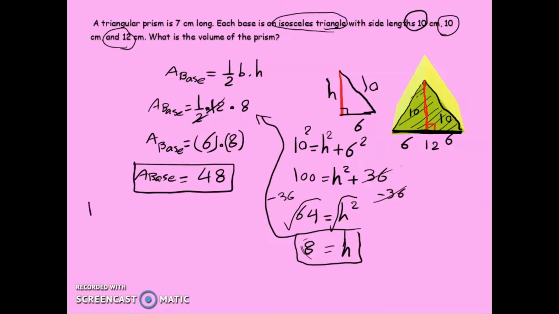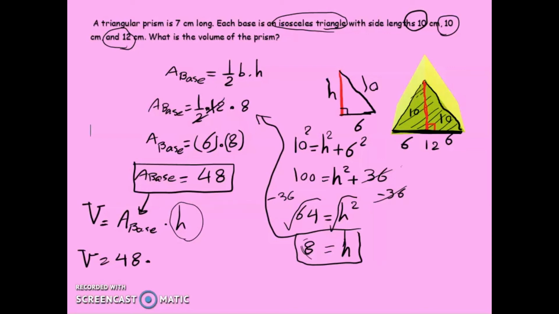So now you have the area of the base, you can simply calculate the volume. What was the formula of volume? The formula of volume was area of base times height. The area of the base is 48. Height, what's the height of this? Height is not this, is not this. It is the height of the prism.